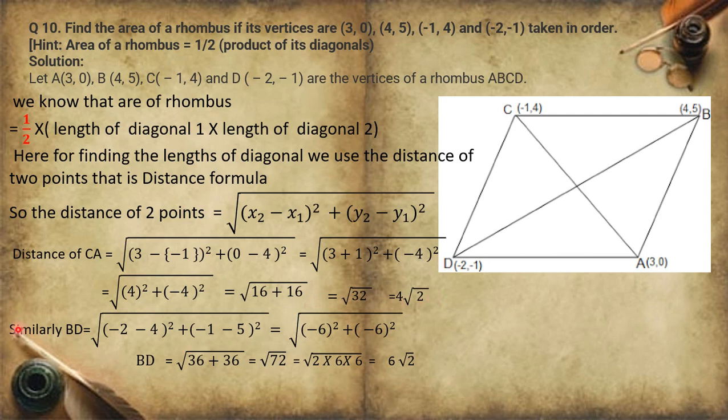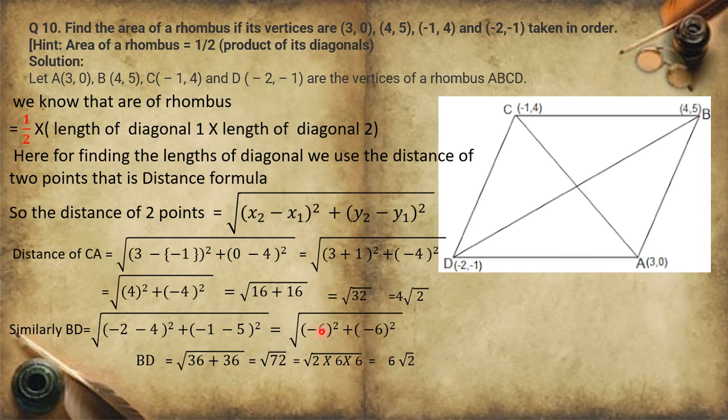Similarly, we can find the diagonal BD also. So for the diagonal BD, that means x2 minus x1 whole square, that is minus 2 minus 4 whole square and minus 1 minus 5 whole square. So minus 2 minus 4 becomes minus 6 and minus 1 minus 5, again it becomes minus 6.